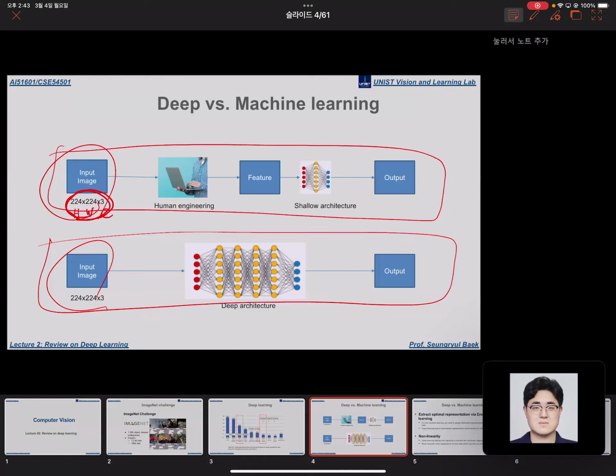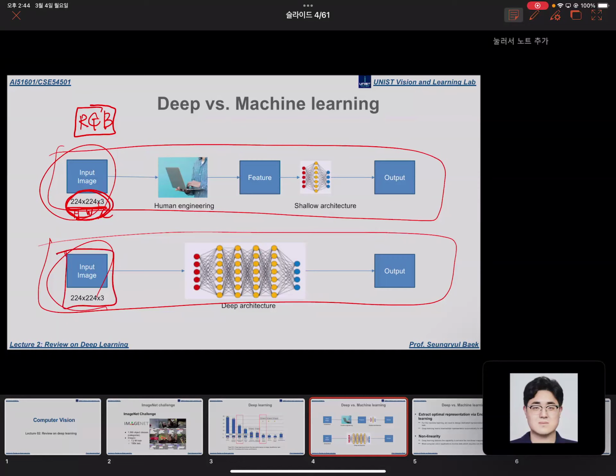Width and height you may be familiar with, but for channels, we always have 3 channels if we are dealing with color images: red, green, and blue. Normally in CNNs, the input size is around 224 by 224, so if the image is larger than this, we normally resize it, maybe using OpenCV.